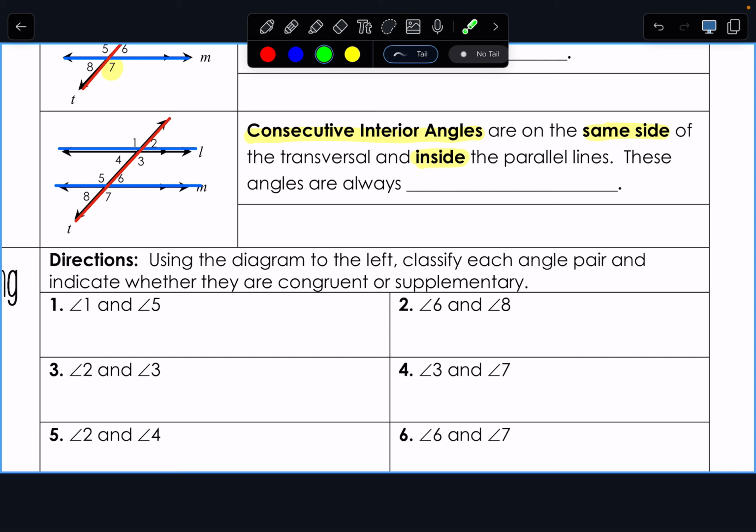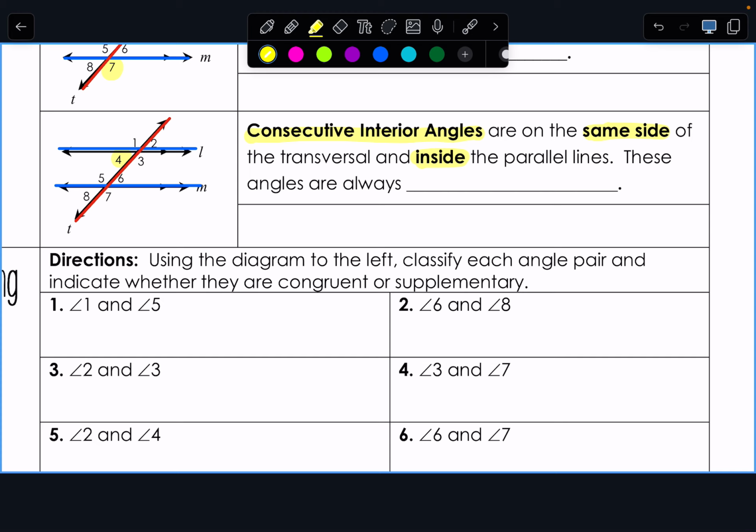Okay. These 4 are our interior angles. So let's highlight angle 4 again. Okay. If we're talking about consecutive interior, we're talking about not right next door, but we're on the same side as our transversal.